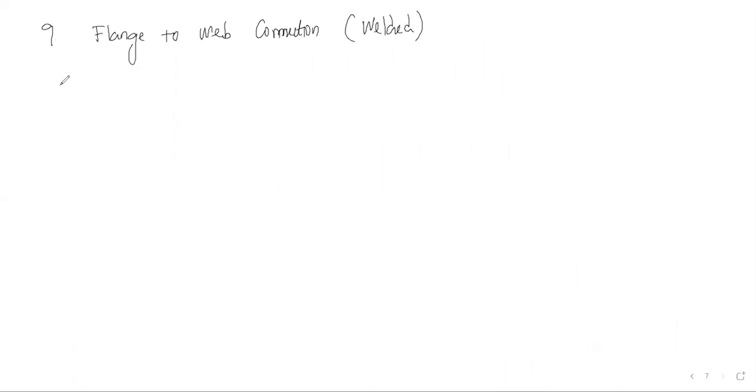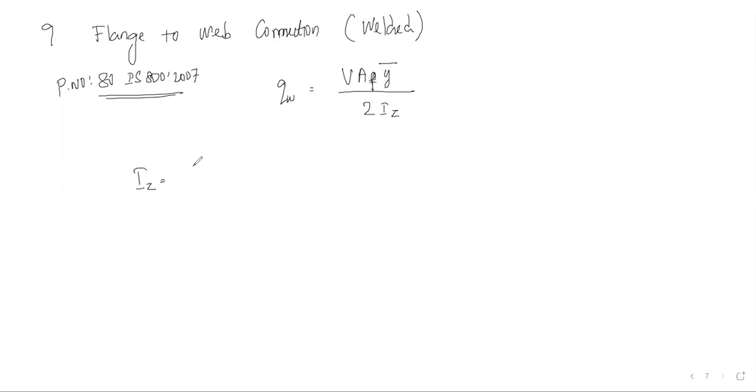In page number 80 of IS 800:2007, we have strength of weld, that is QW is equal to V into A F Y bar divided by 2 I Z, whereas I Z is equal to B F into D cube divided by 12 minus that portion.